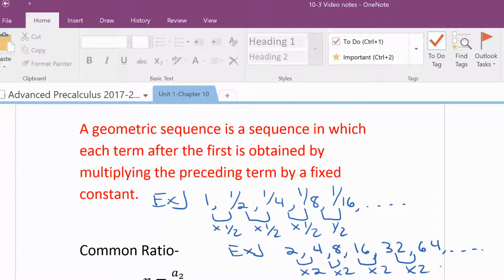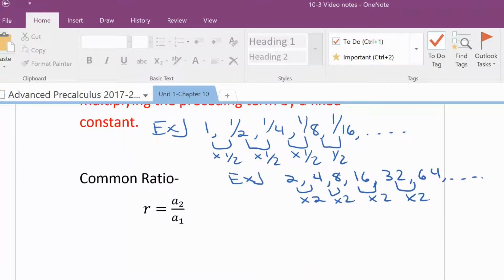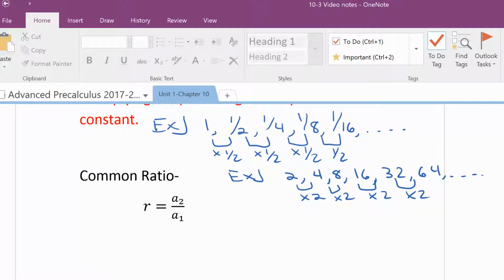But the key is you're multiplying by a common term as opposed to arithmetic where you're adding or subtracting a common term. And that common term that you're multiplying by is what's called the common ratio.